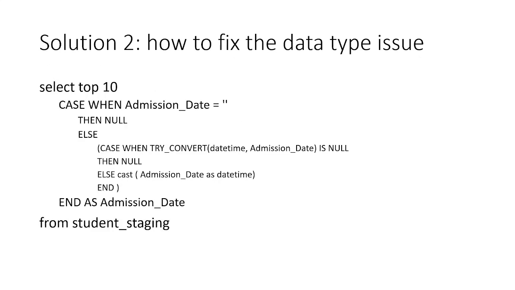So the perfect solution is to do it like this. When it is blank, you make it null. In the else condition, first you check whether the conversion returns null. TRY_CONVERT is a function which just gives a null value if it is not able to do the conversion. If it is returning null, you make it null, otherwise you cast it.